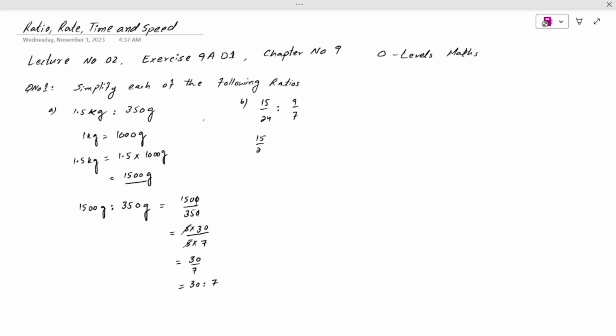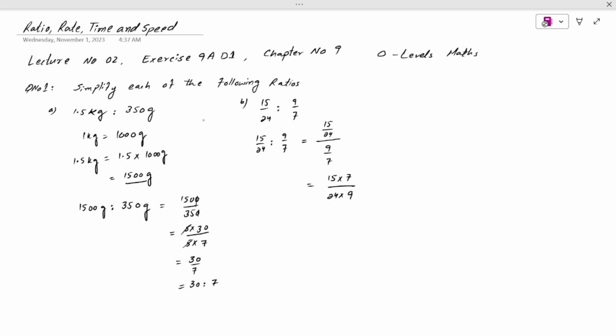We can convert this ratio into a fraction as 15 over 24 whole divided by 9 over 7. Now 7 will be multiplied with 15 and 24 will be multiplied with 9. We get 15 times 7 divided by 24 times 9.